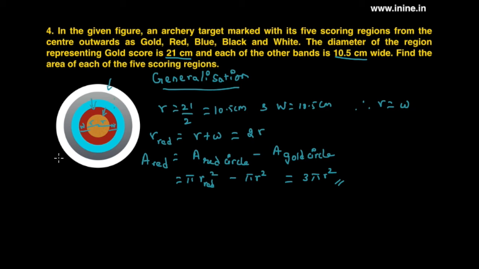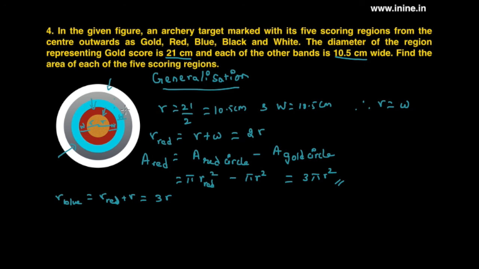Similarly, when we consider the blue circle, we need to add another W to find the radius of the blue circle. So now radius of blue circle is equal to radius of red circle plus W, which is again equal to R. So that gives us 3R. So what we are trying to do is eliminate many of the variables involved. Here the area of red circle is a variable, radius of red circle is a variable, so as with blue circle, and also with black, and also with white.